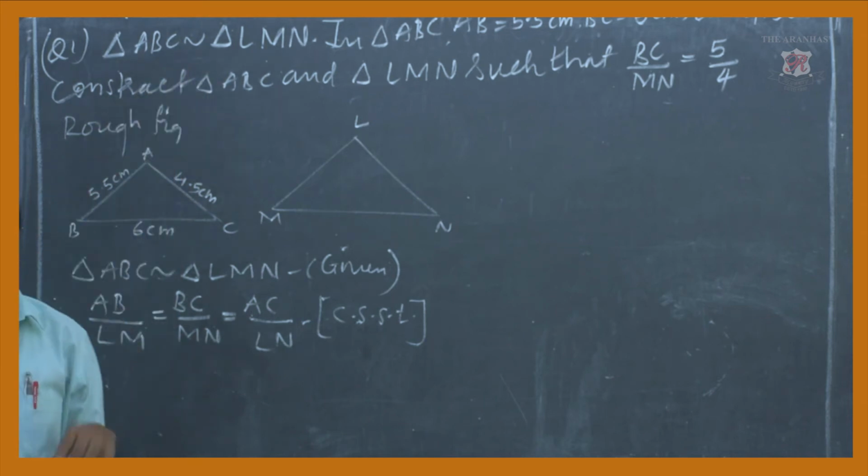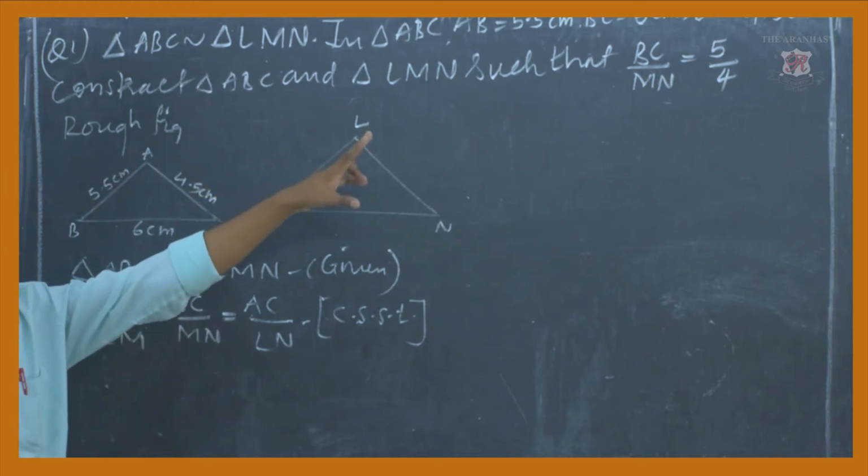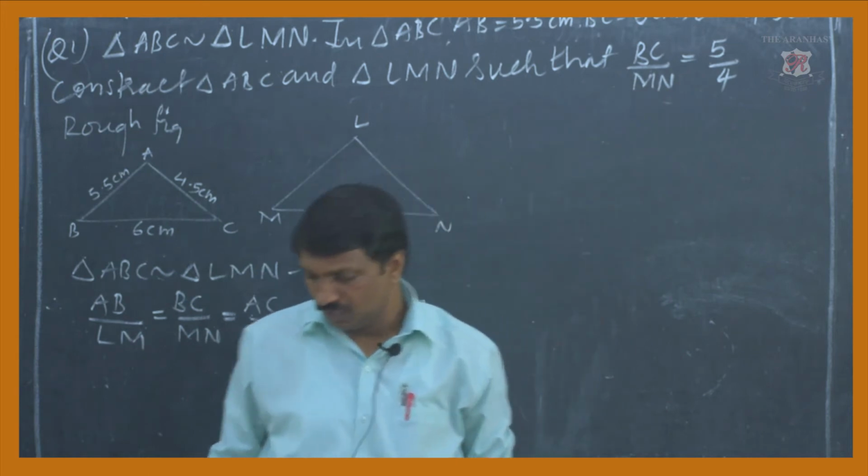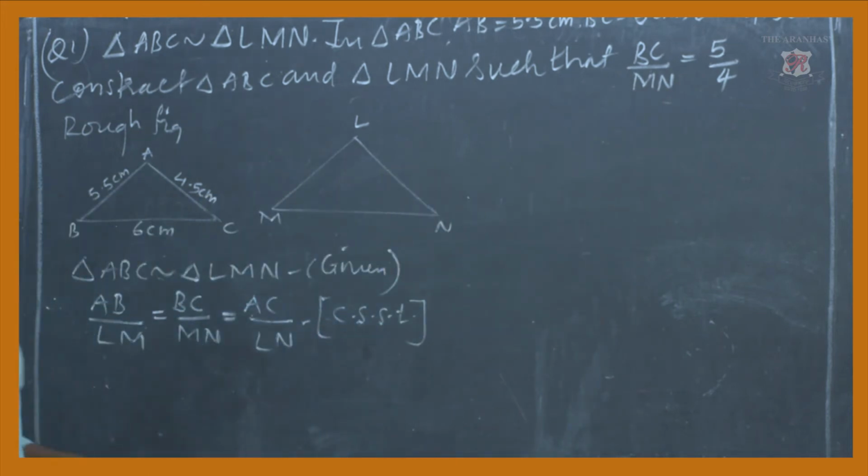Now we will substitute the values, but whenever we substitute, we substitute with the given ratios also, because they gave us the ratio BC to MN as 5 upon 4. So whenever we substitute the values, we will substitute with the corresponding ratio also.